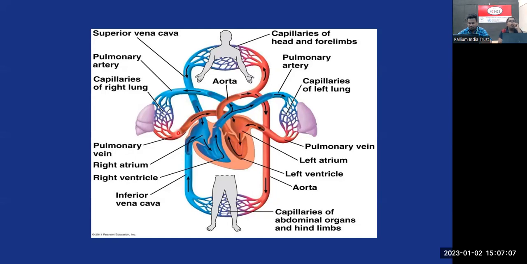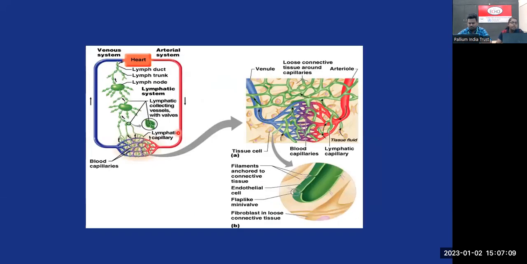Okay. And the next thing is, if the arterial capillaries and the venous capillaries are communicating together, there is a chance of fluid leaking out from the plasma into the interstitial space.